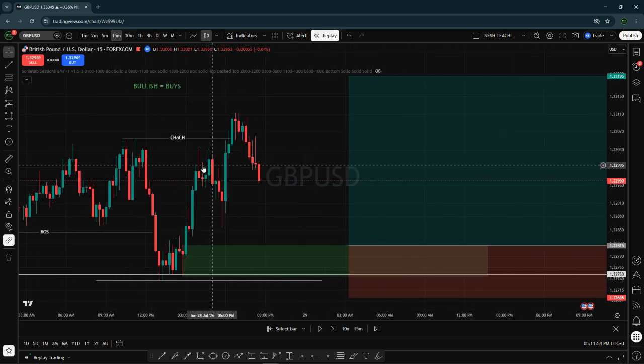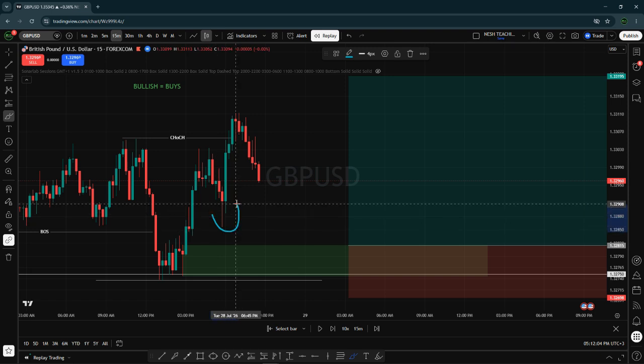And one thing you can see is that we have this pullback here. So this valid pullback means that below this level here we have a lot of liquidity. We have a lot of stops here, we have a lot of buys, and those who sold here can close here.